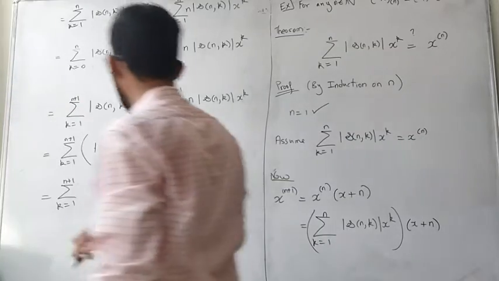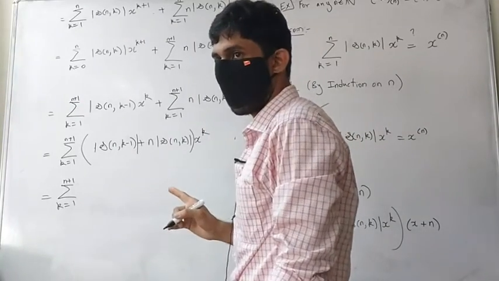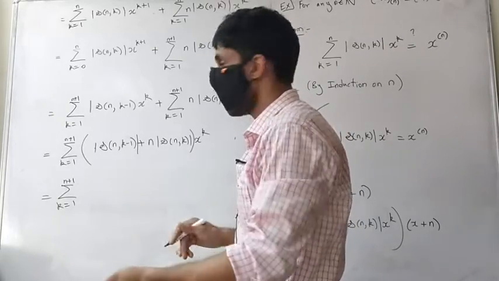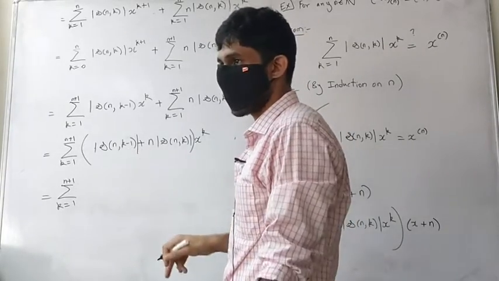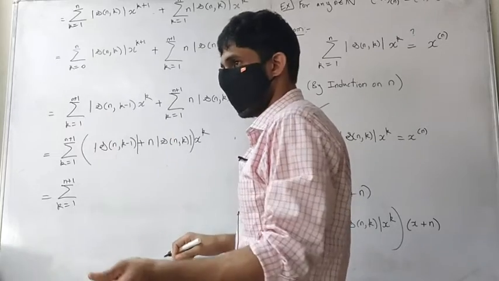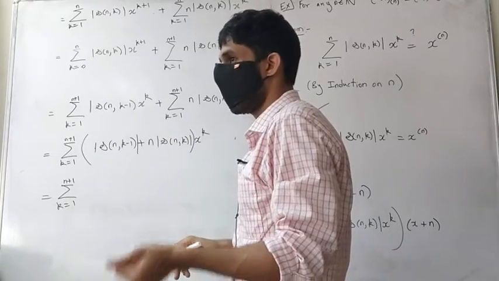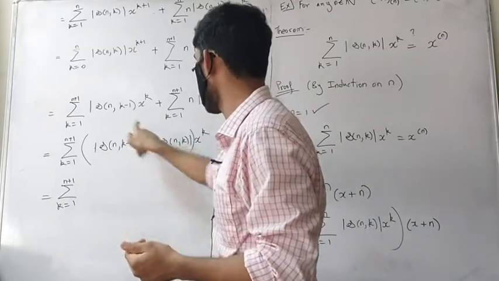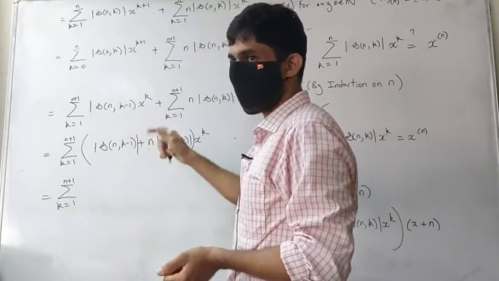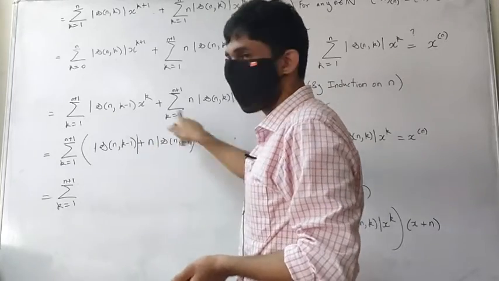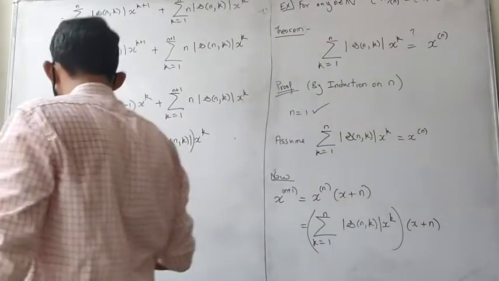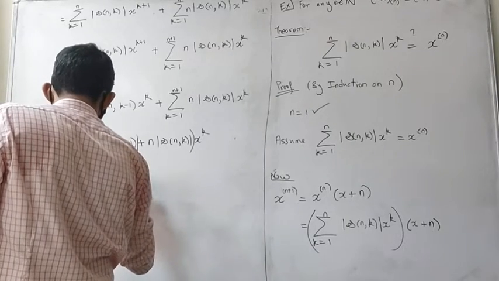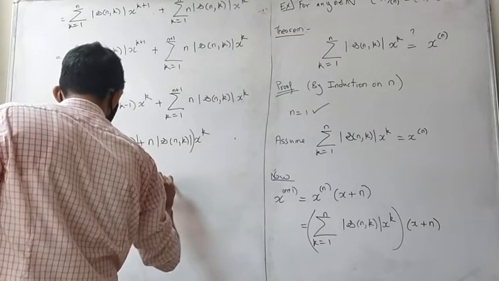If you remember how we had done it, we had asked ourselves whether n is in an orbit on its own or not. When it is an orbit on its own, we would have these many, and when it was not in an orbit on its own, we had these many. That was the trick. Okay, so this was S n plus 1 comma k, x raised to k.